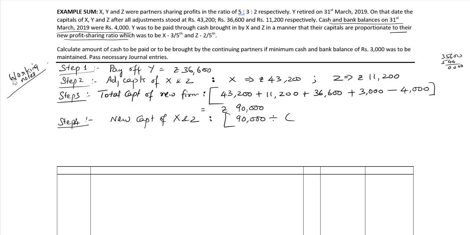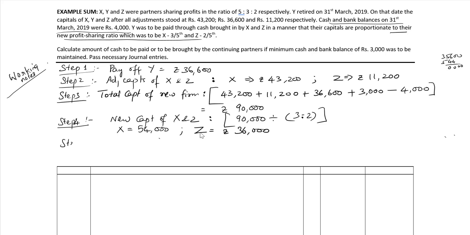The last line in the first para says NPSR between X and Z is 3:2. Hence, for X, 54,000 rupees. And in the case of Z, it's rupees 36,000.